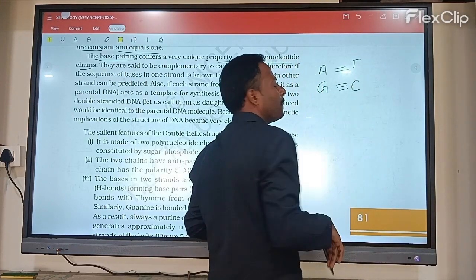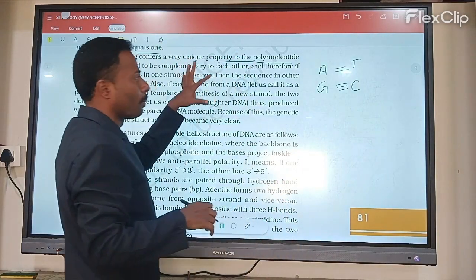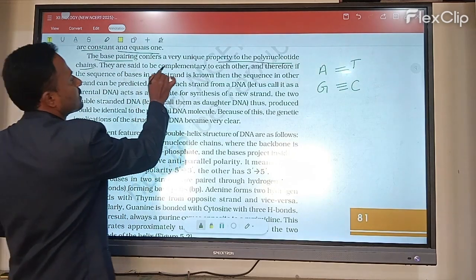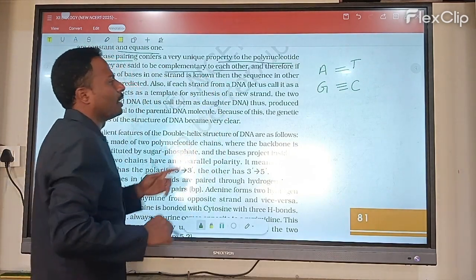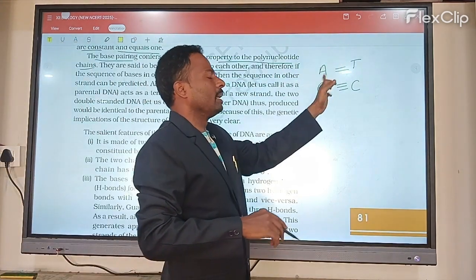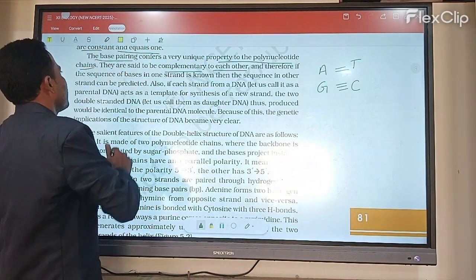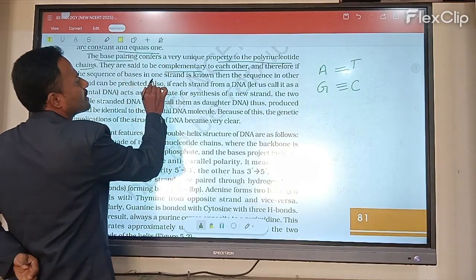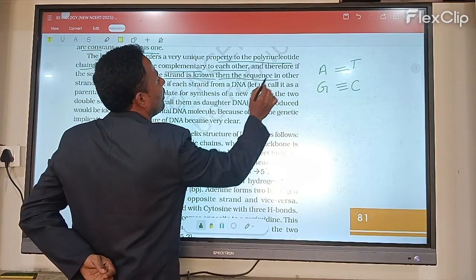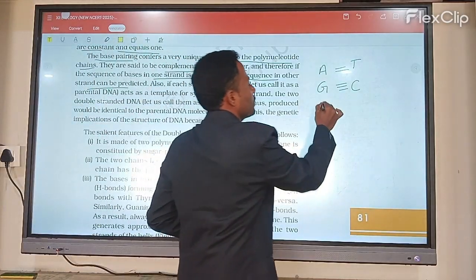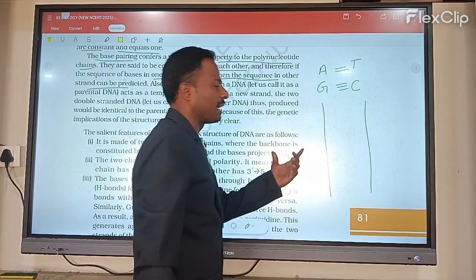So this pairing is uniquely arranged, and the strands are said to be complementary to each other. Next, therefore, if the sequence of bases of one strand is known, the sequence of the other strand can be predicted. So for example, let us take two strands.